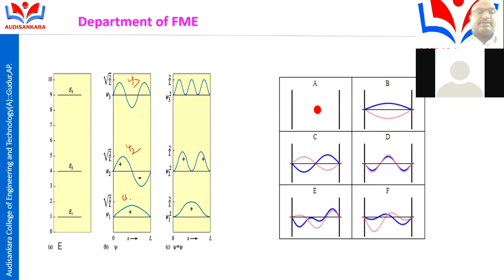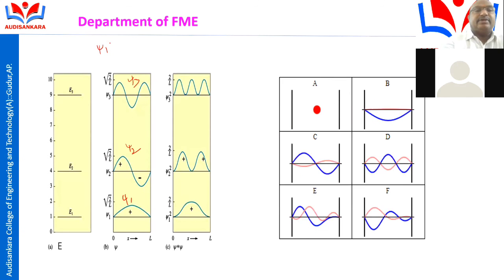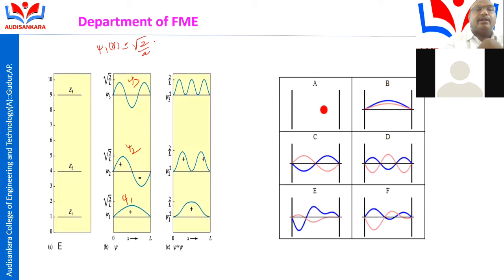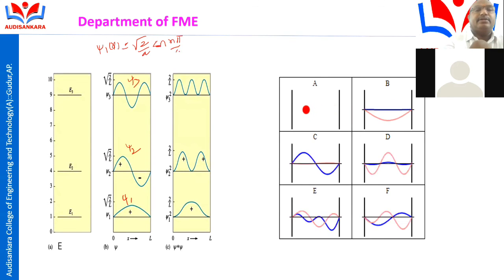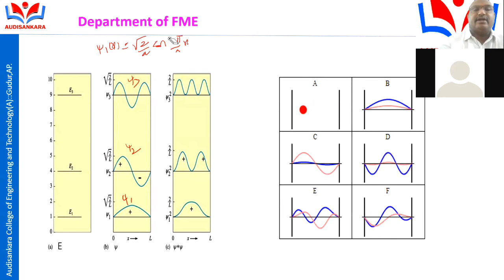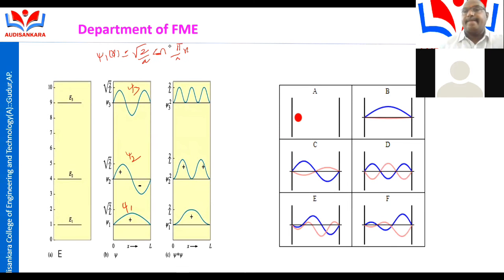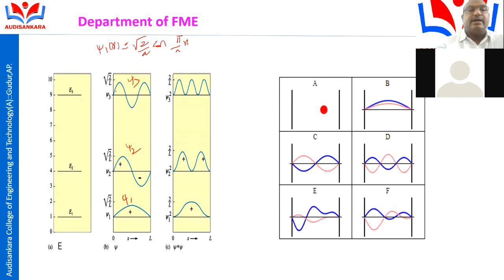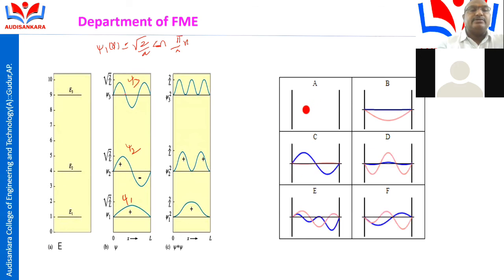Psi 1x is equal to A, that means the A value is root 2 by a, or root 2 by l, sin n pi by a into x, in the place of n is equal to 1. And 2 pi means the 1 pi and 2 pi, and 3 pi means it is the value of the above cycle, crest, trough, crest.